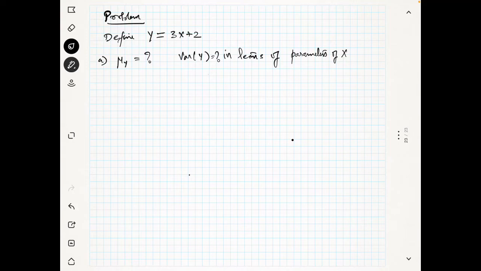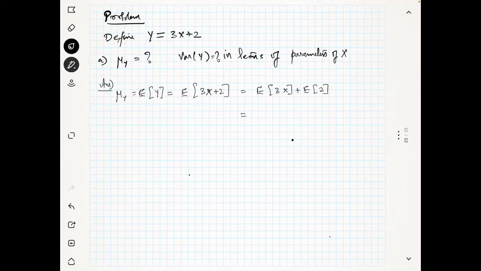So what is the mean of y? The mean of y is nothing but the expected value of y, right? It is nothing but the expected value of 3x plus 2. By the property of expectation, it is the expected value of 3x plus the expected value of 2.